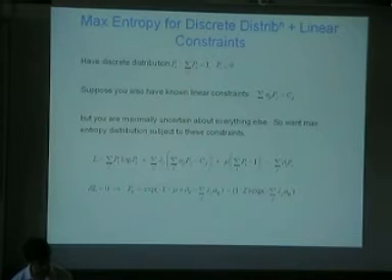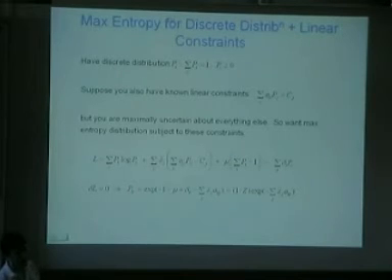So this is the last slide on Lagrange multipliers. This is actually a direct machine learning application. So now, let's suppose you have a discrete distribution, where the p_i sum to 1, so this is just a distribution. But now you have some linear constraints on your distribution.